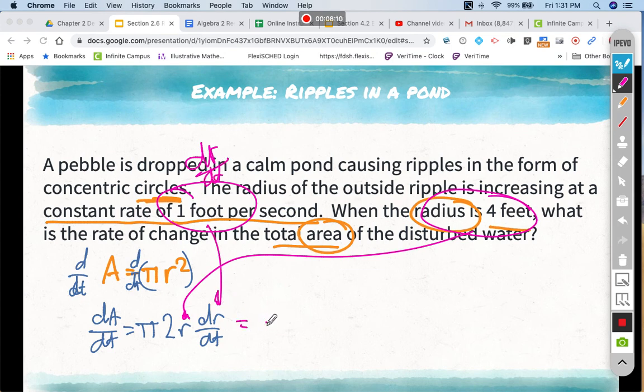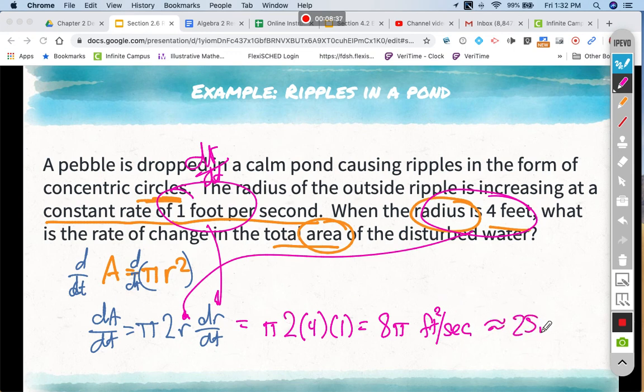And I get pi times 2 times r times 1, or 8 pi, in feet squared per second, because I'm doing an area. I have r squared in there. Which is about 25.1, if you want to get an idea there.